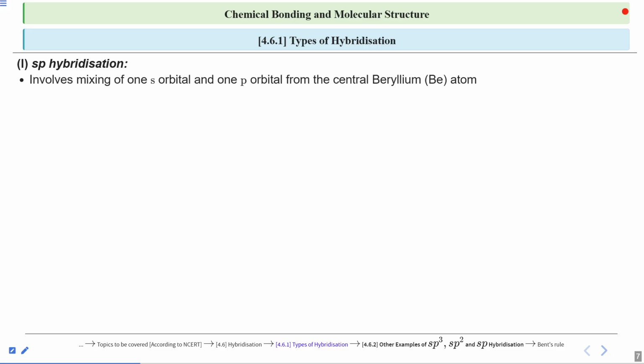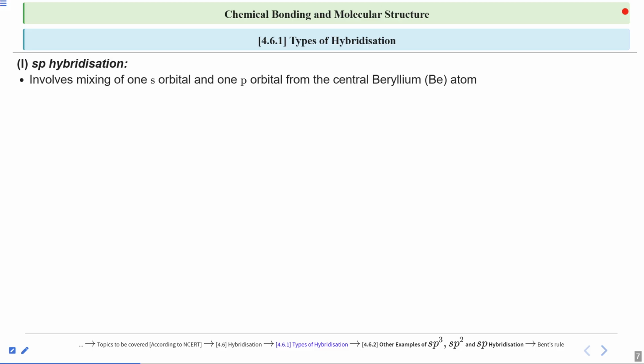Now it is obvious that if sp hybridization is occurring, one s and one p orbital are combining to form a new set of hybrid orbitals. In this case, I am taking the molecule beryllium chloride, which is BeCl2.